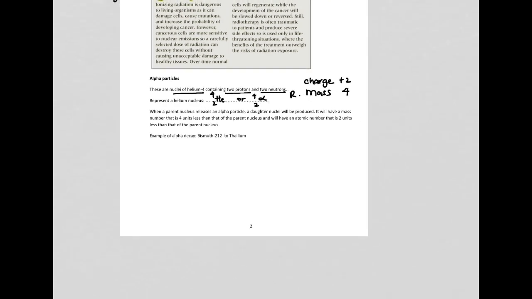Now, when we have radioactive decay, the parent nucleus is going to give daughter nuclei, but the sum of the masses should be the same on both sides.